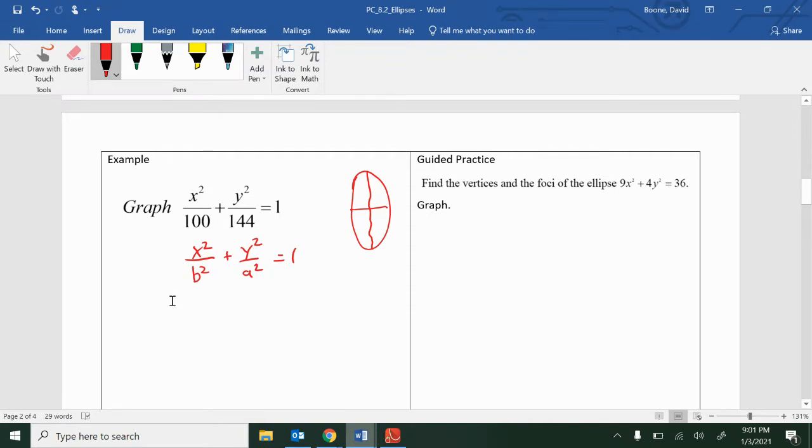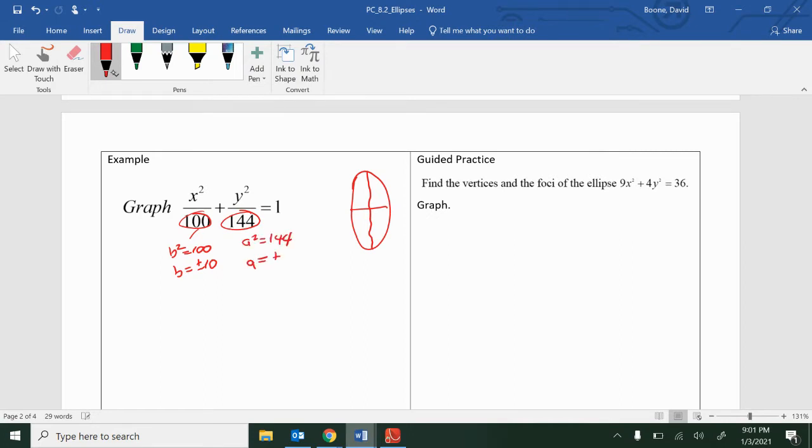So in working through this problem, I'm going to look here and see that, okay, this is my b squared. So b squared is 100, which means that my b value would be plus or minus 10. Here, because that's the bigger one, that's my a squared value.